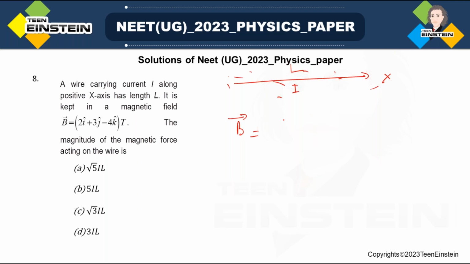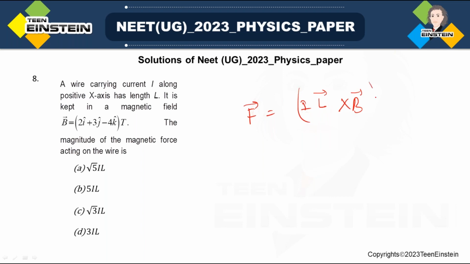I dl cross B. I'm sorry, here actually the magnitude of the magnetic force, I dl cross B, so I L cross B. This is the magnetic force.